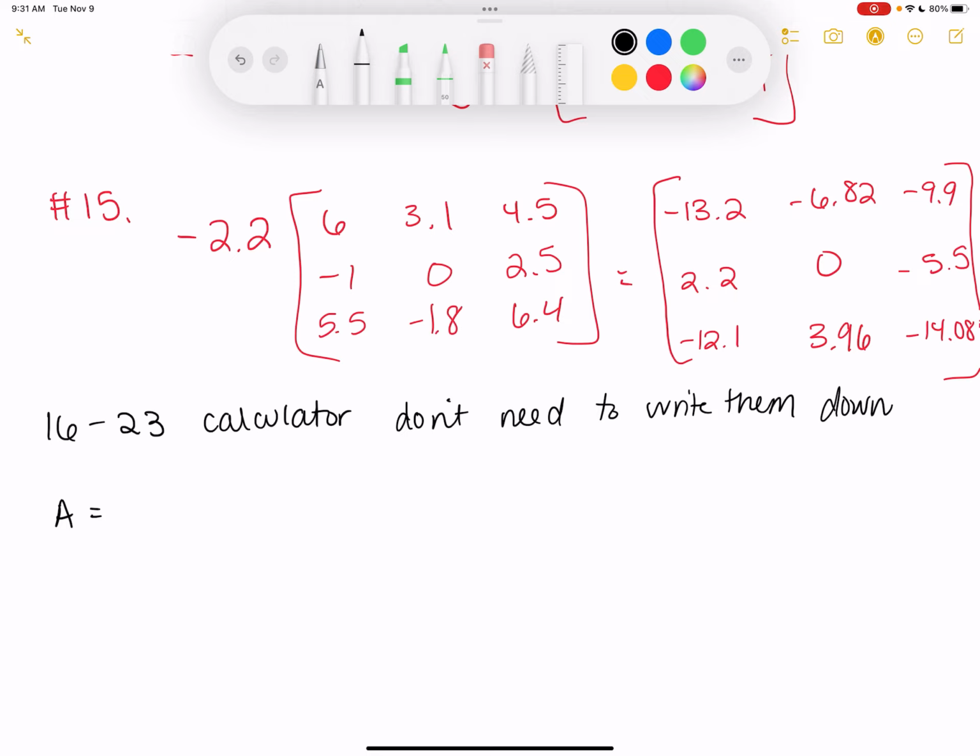You can just copy them out of the book, but A is 5, -4, 3, -1. B is 18, -12, -6, 0.